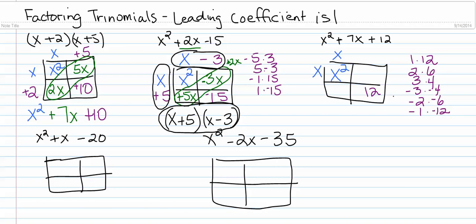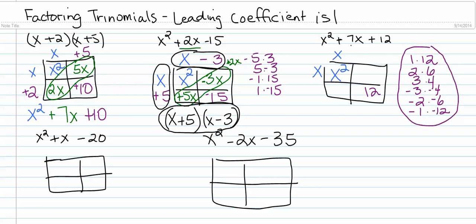Eventually you'll get very skilled at picking out the combination that works right from the beginning. I like to choose combinations that are usually pretty close together. Now, looking at the original problem helps me eliminate some of my possibilities. I see that I have a positive 12, and over here on the left I've listed all the combinations that could give me a positive 12 when I multiply.